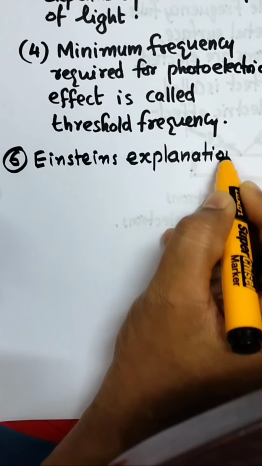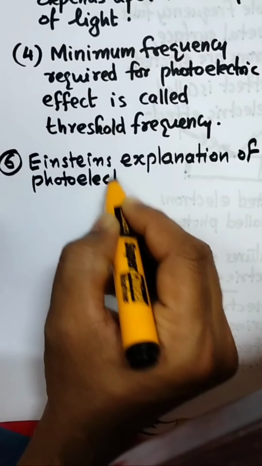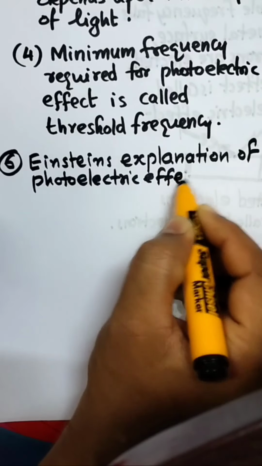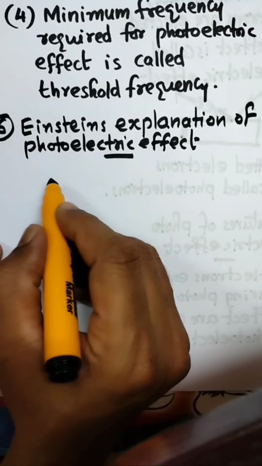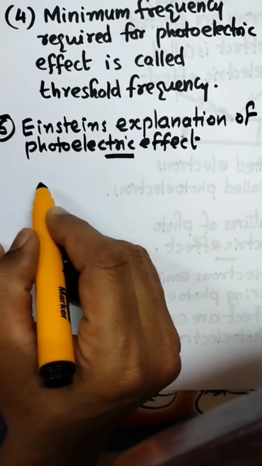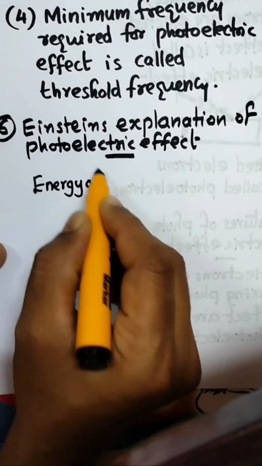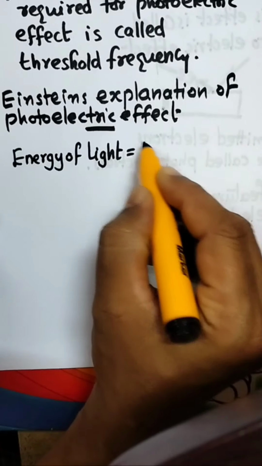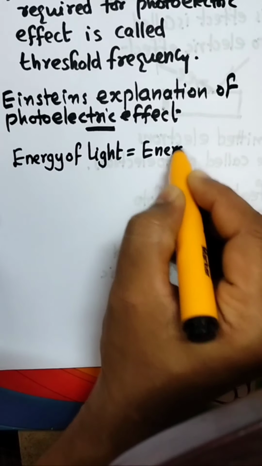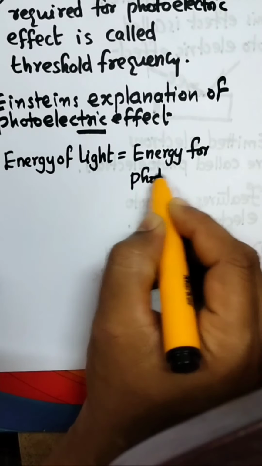When light with a high amount of energy falls on a metal surface, some part of the energy of that light is used for the photoelectric effect.